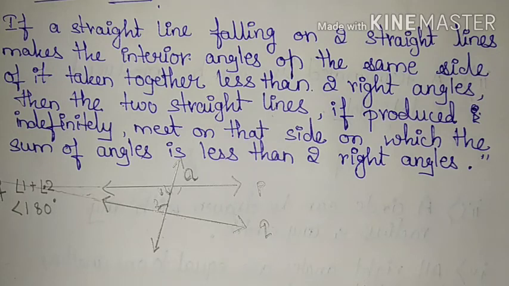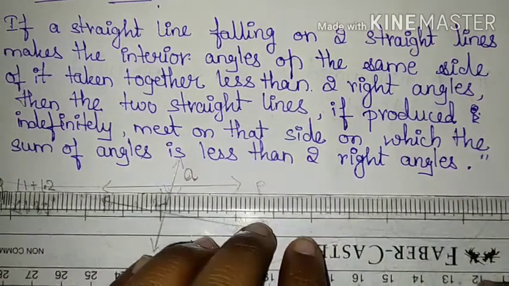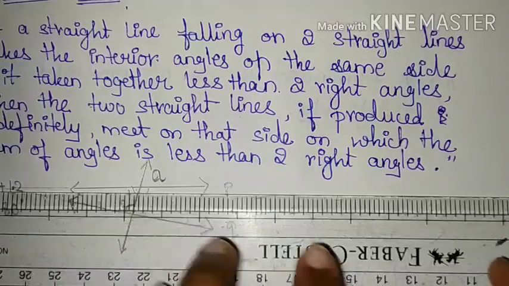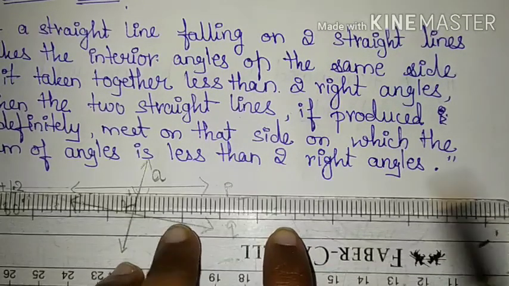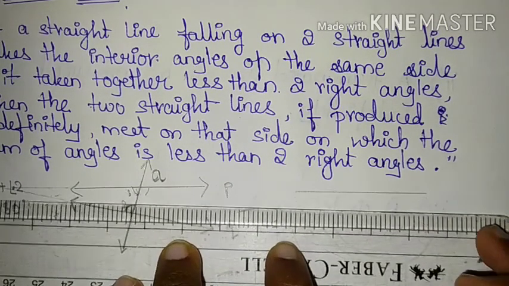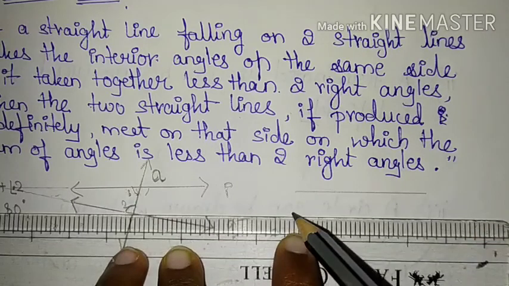So since it is less than 180 degrees, what if it was equal to 180 degrees exactly, if the sum was equal to 180 degrees?